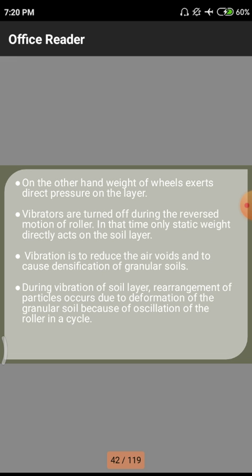Normally these vibrations are to reduce the air voids and to cause densification of granular soils. We have different types of soils: granular soils, sandy soils, silty soils, and clay soils. As we discussed previously, granular soils have a huge amount of voids, but silty soils have fewer voids because of their particle sizes.